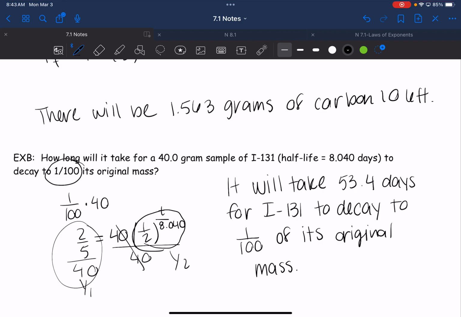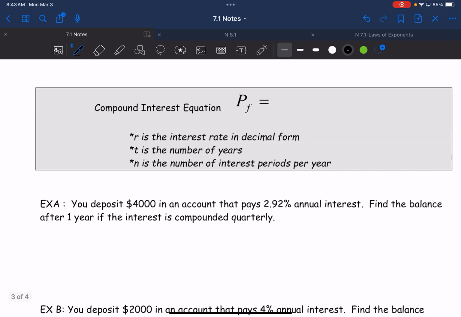All right, flip over onto the next page, and now we're going to look at the formula for compound interest. Our formula for compound interest will be P times 1 plus R divided by N, raised to the N times T. So R is still going to be your rate.